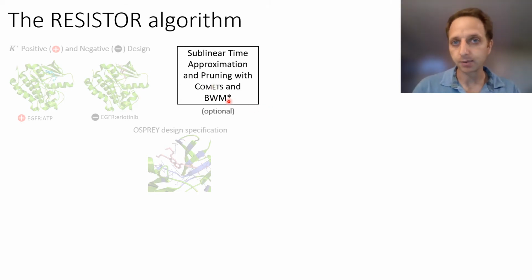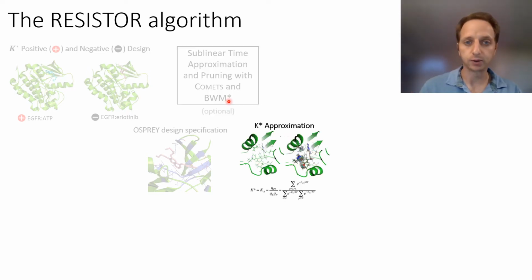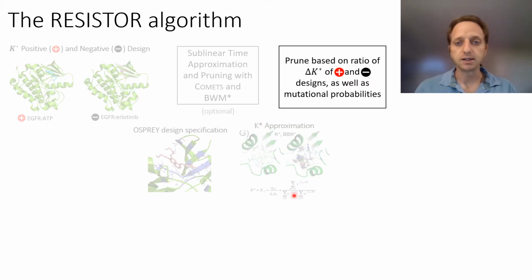In our RECOMB paper, we only looked at single point mutants, so we didn't have to use these algorithms. We then run K-star approximation on the positive and negative designs, and we prune those sequences for which the change in the K-star score ratio does not increase. We also prune those that our mutational probability calculation finds have no chance of occurring in vivo.